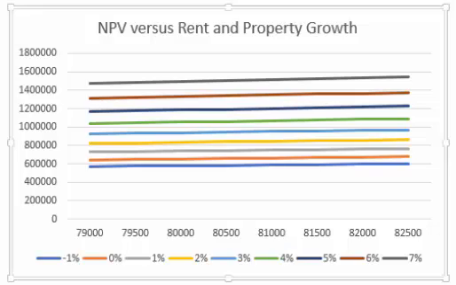This suggests that the property growth rate is the more important element in what is driving the NPV. It does look like the property growth is the driver there in terms of the investment attractiveness.